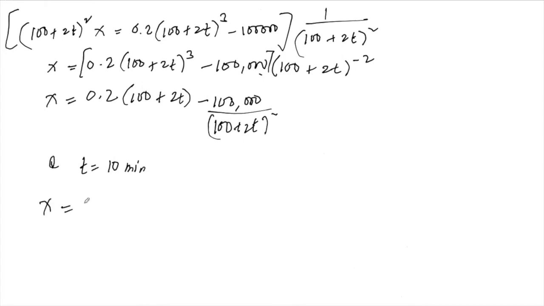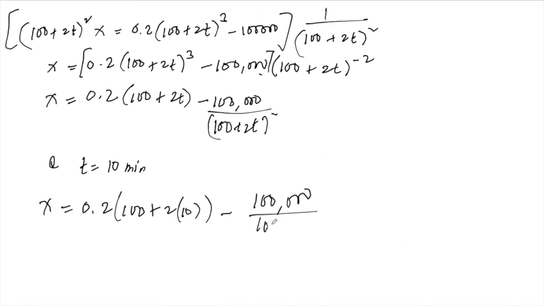Sige. So at time is equal to 10 minutes, what's the amount? So 0.2, 100 plus 2 times 10 minus 100,000 all over 100 plus 2 times 10 raised to 2. The amount is equal to, calculator please, 24 yung nasa first term.